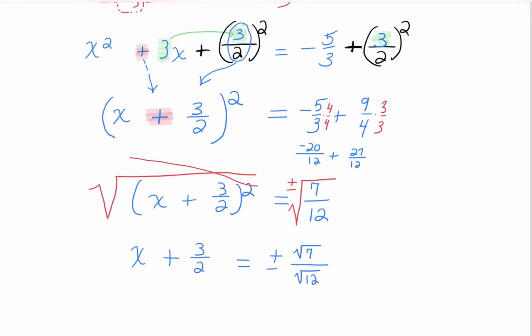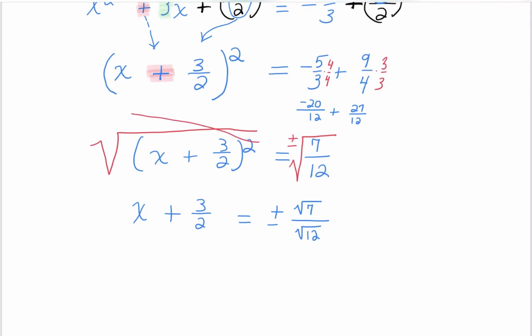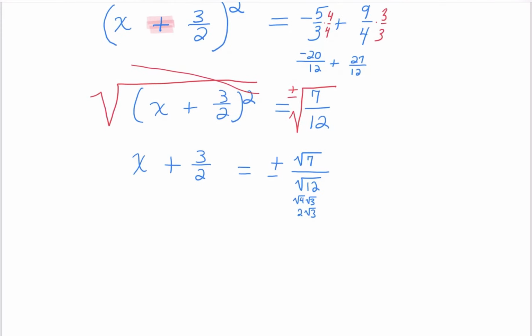Once we've learned to simplify radicals, we always have to simplify them. Now we have a couple of choices here. That root 12, we're going to need to do two things. We need to simplify the root 12 because there is a perfect square factor in there. We're also going to have to rationalize the denominator. Just for right now, it'll give us slightly smaller numbers to work with, observe that this root 12 is root 4 times root 3, and that is going to be equivalent to 2 root 3.